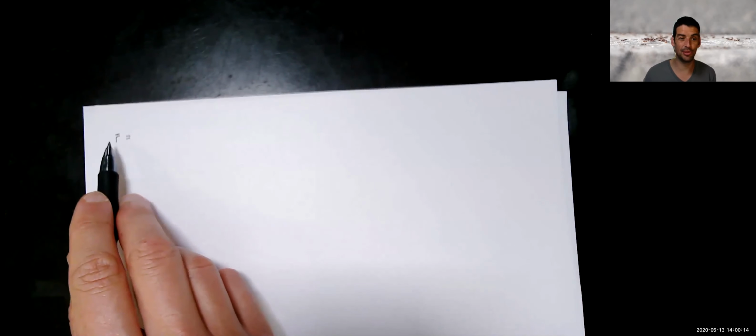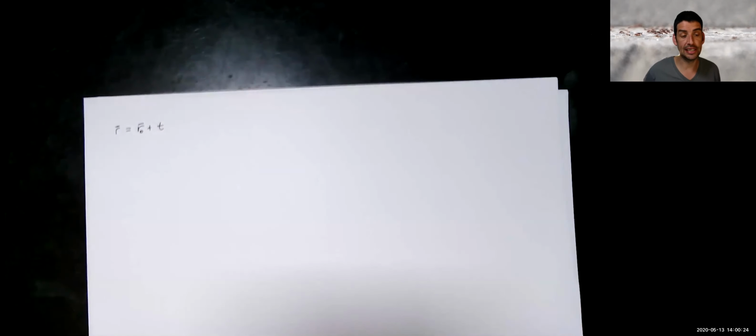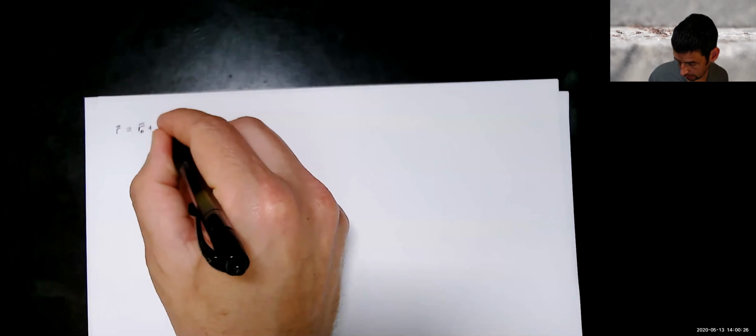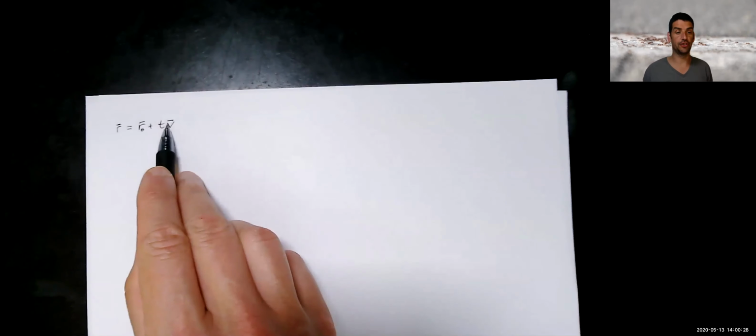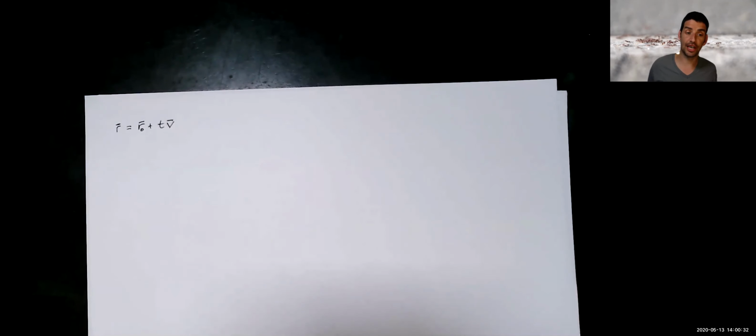So what this vector is going to be doing is pointing at points on our line, right? So we find a vector that points at one known point, and we have a parameter t, which is used as a scalar for the vector v, which is in the direction of the line.